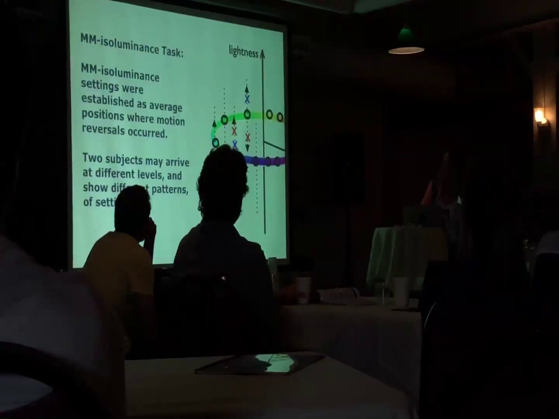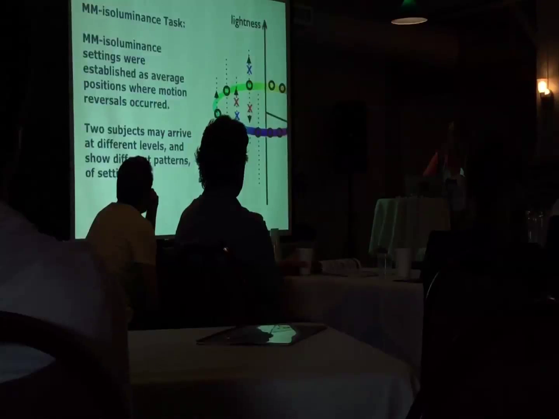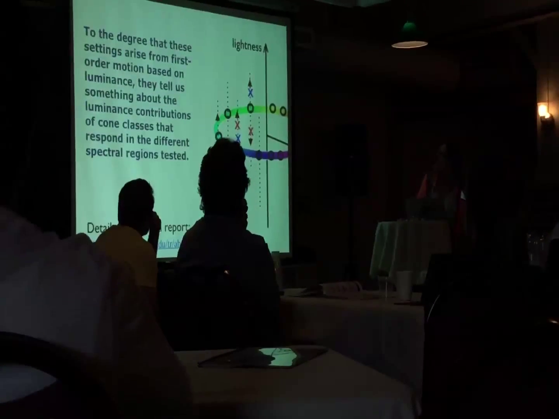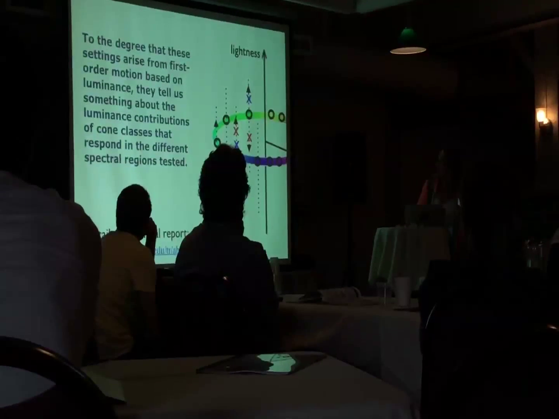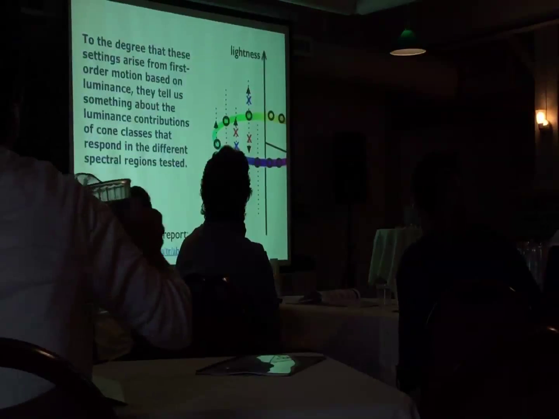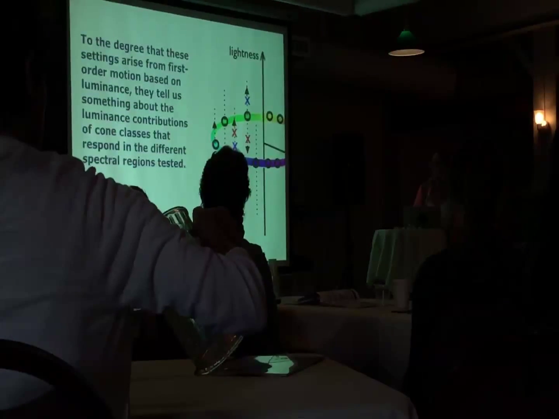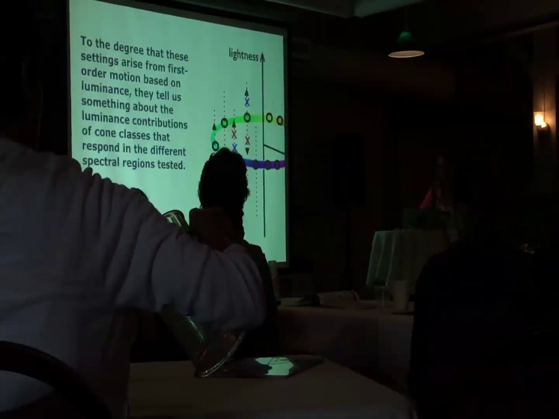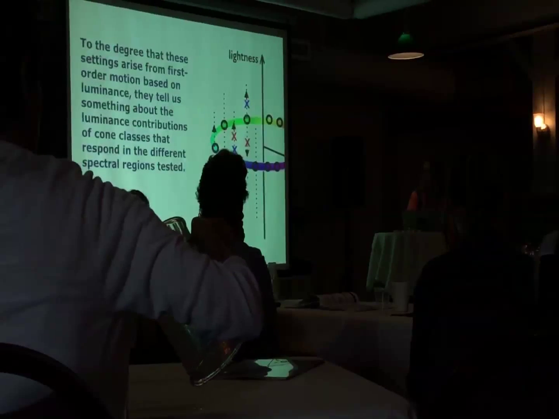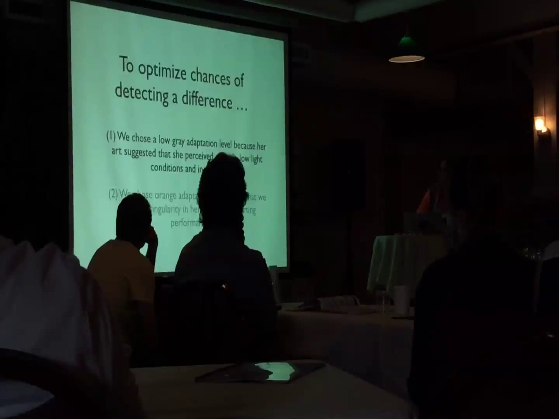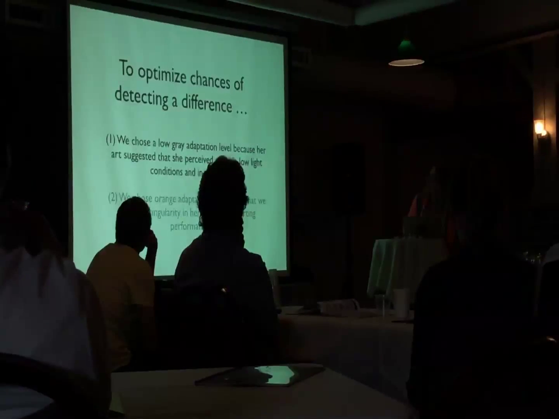And it may be the case that two subjects may arrive at different levels and show different patterns of settings. To the degree that these settings arise from first order motion based on luminance, they tell us something about the luminance contributions of cone classes that respond in the different spectral regions tested. And this is something that's really elaborated in a technical report that is being posted pretty much as we speak.